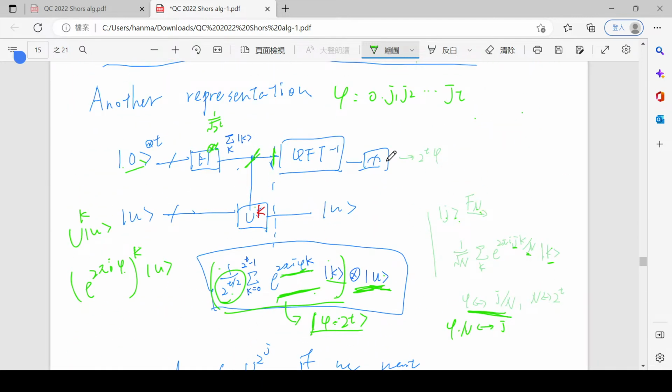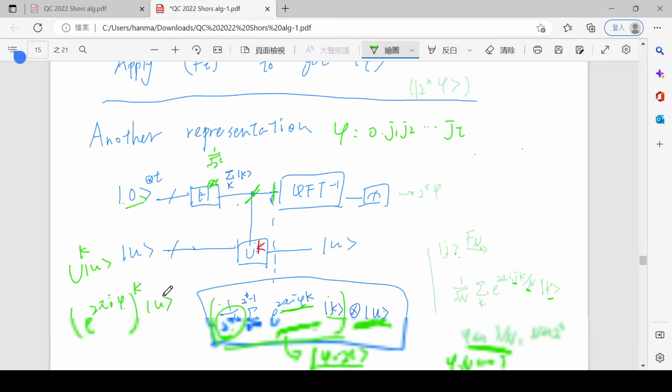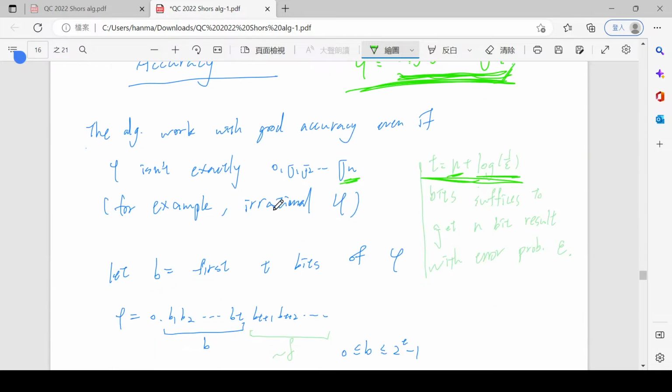And I think this phase estimation with quantum Fourier transform is neither Peter Shor's way nor Alexei Kitaev's way of doing the factoring algorithm. This is after people know all the stuff, then people came up with this nicer way to explain everything: you can use quantum Fourier transform to do phase estimation. Okay.